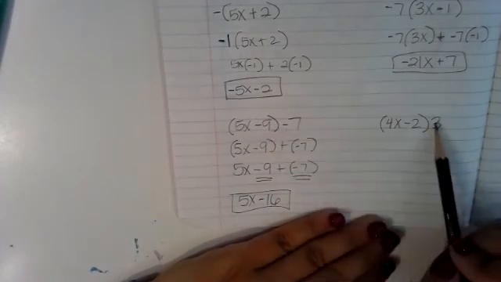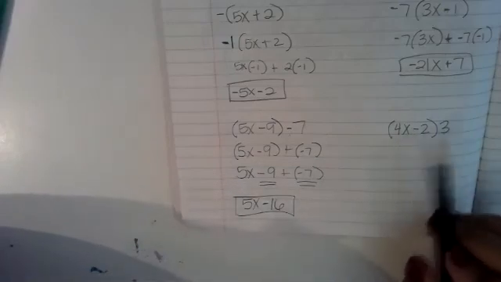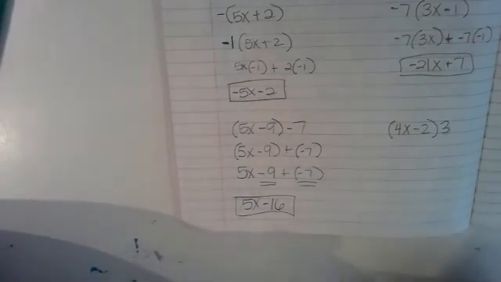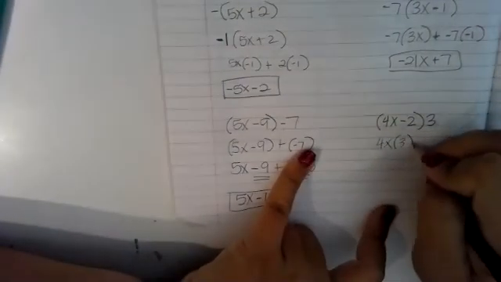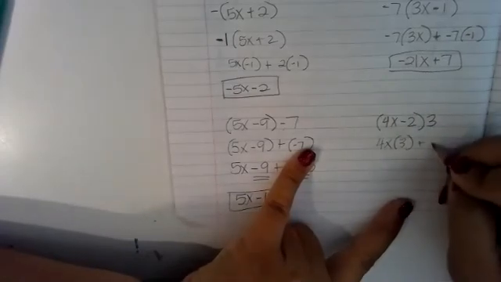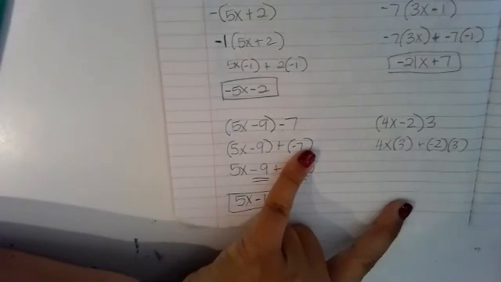Touching means multiplication. So when I read this left to right, it does say the quantity of 4x minus 2 times 3. So when I look at this, I have 4x times 3 plus negative 2 times 3.